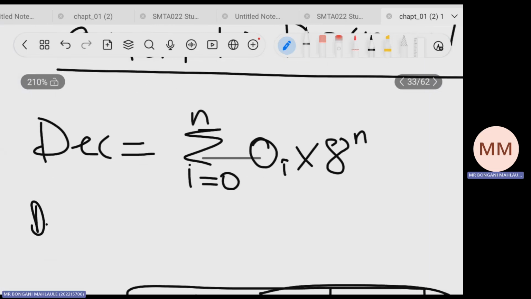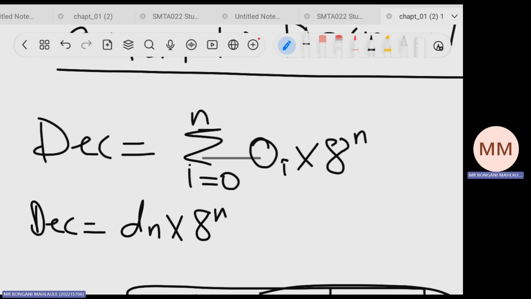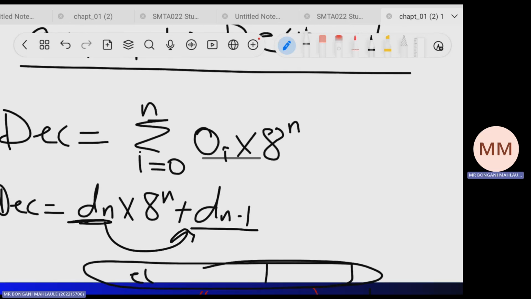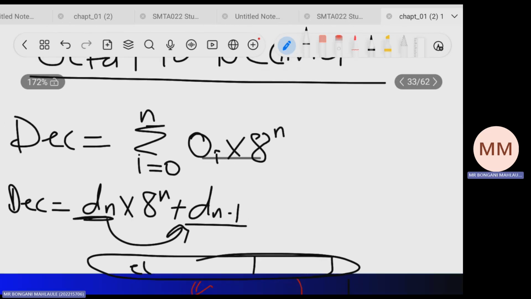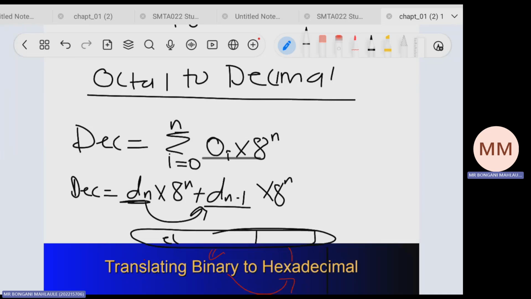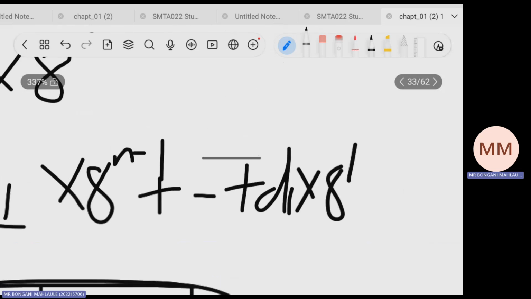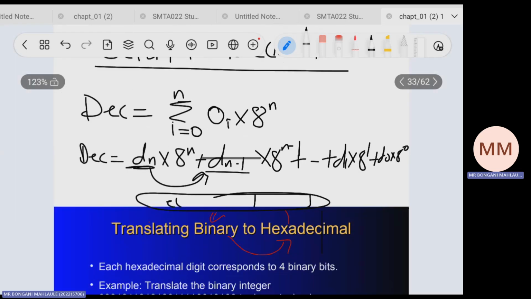So don't be shocked also if you see your formula written like this on the slide. It's the same thing. This means we're decreasing to the next one, you see now, 8 to exponent n minus 1, d1 times 8 to exponent 1. Yeah, so that's how we convert.